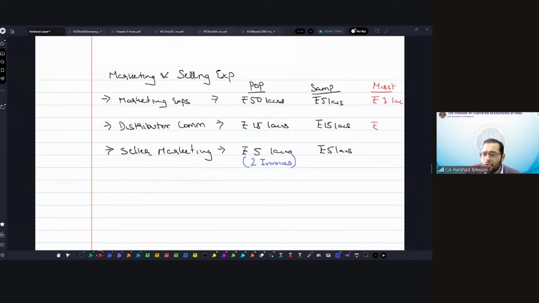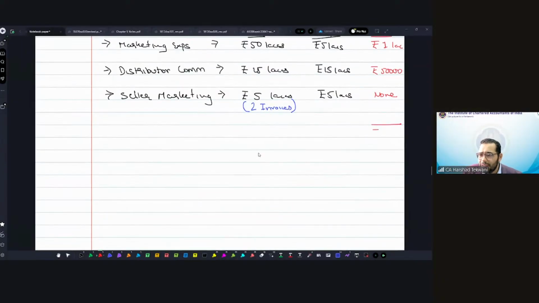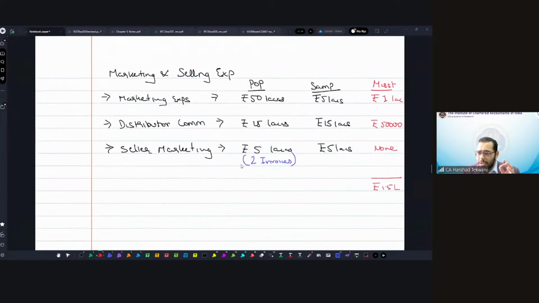Here you identified only 50,000 as a misstatement, and here you identified none. So this is how the misstatement was identified. The total misstatement identified from the total of the testings was rupees 1.5 lakh.